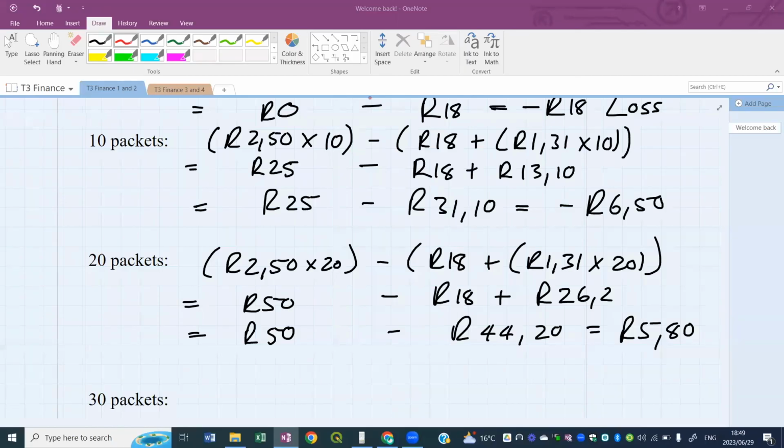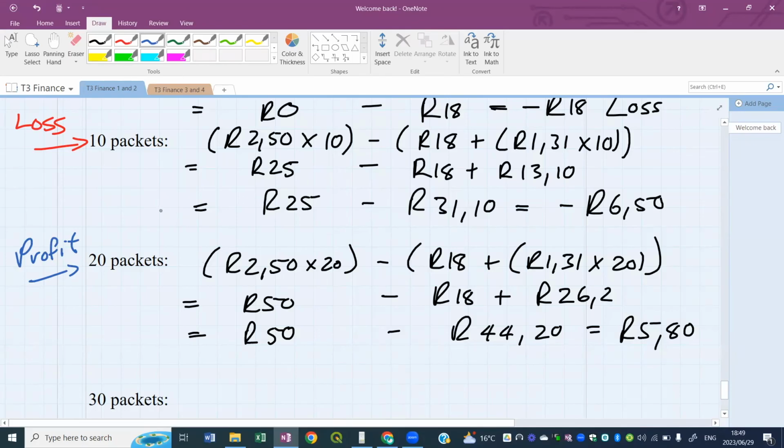Do you think that is an easy process to work out or difficult? Because look here, we are making a loss at 10 packets, but we're making profit here at 20. Who can tell me with surety, with accuracy, when she's going to start making profits? How many must she sell to start making profits? Who can tell me with surety? Could you guys maybe tell me? Or would you be sure with your answer, just looking at these two calculations that we've done now?